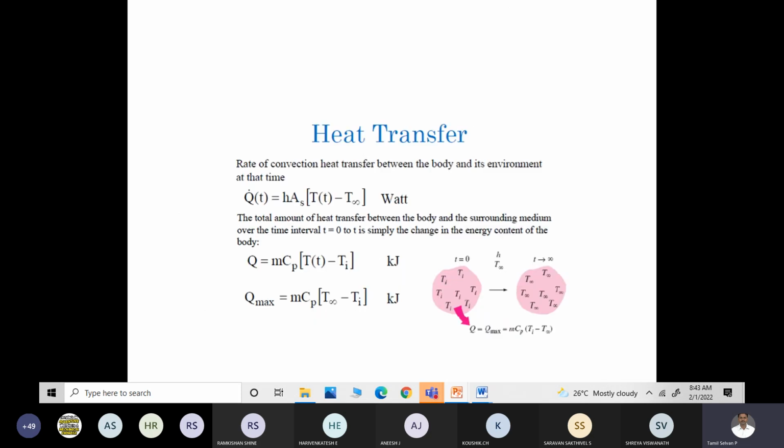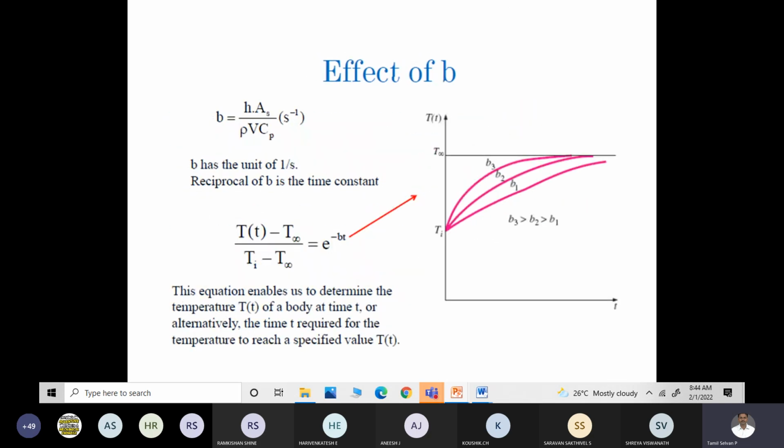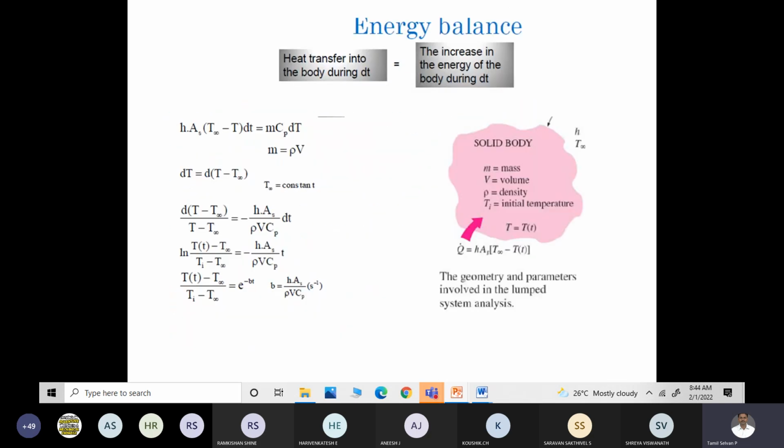And this characteristic length changes for different surfaces. For a plate it will be thickness divided by 2, and in general, characteristic length is nothing but volume divided by area. For cylinders it will be radius divided by 2, and for spheres it is radius divided by 3.